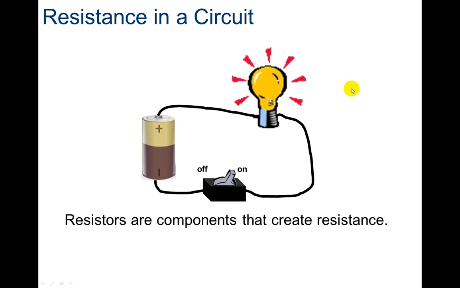Okay, so it's on. Notice that the light bulb itself is resisting some of that current, and that energy is being released as light. This wire is a little bit larger than that little filament inside of a light bulb. So these electrons are being forced into a little bitty wire, which is going to cause resistance.